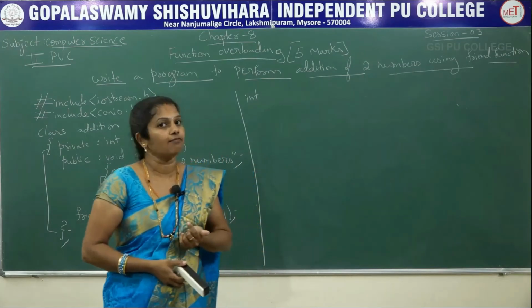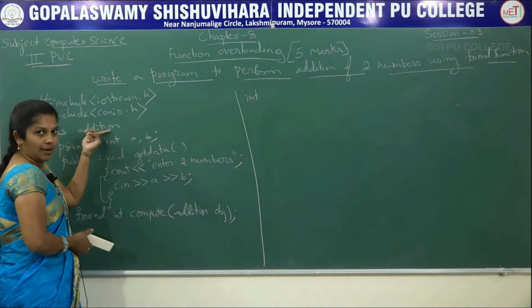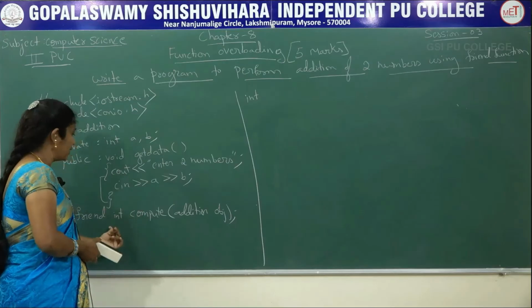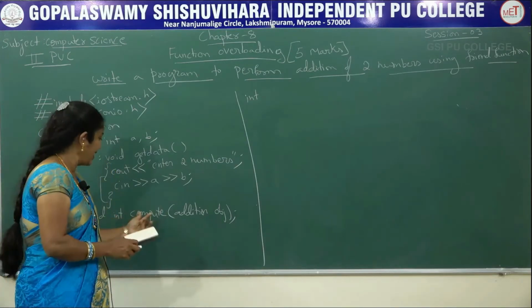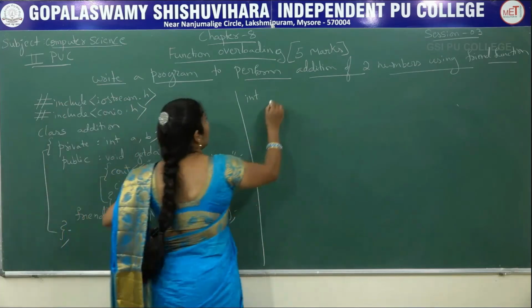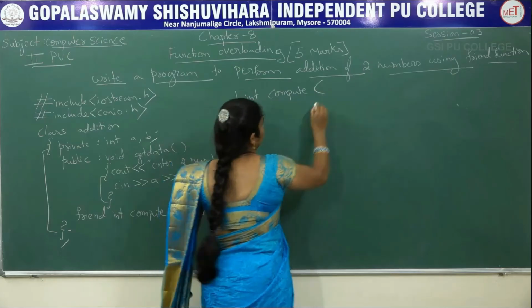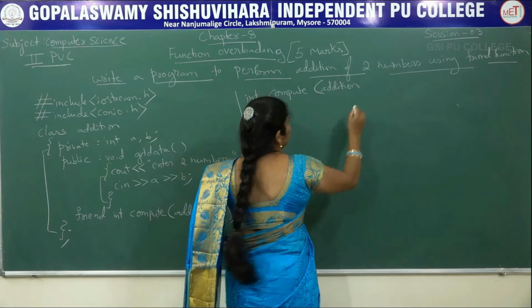That is one of the features of a friend function. Whereas for other functions, how do we write? Class name, then scope resolution operator, then the function. Whereas for this one, we do not require any scope resolution operator at all. Directly we can write the function, that is int compute. Inside the bracket, the class name is addition, then object.